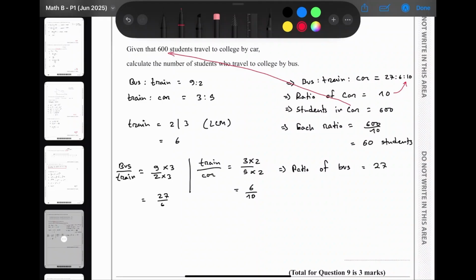Now we can use the ratio of bus, which we figured out a moment ago, to multiply it with our constant, which we also figured out a moment ago, so we can get our final answer. Finally, we get our answer of 1620 students.